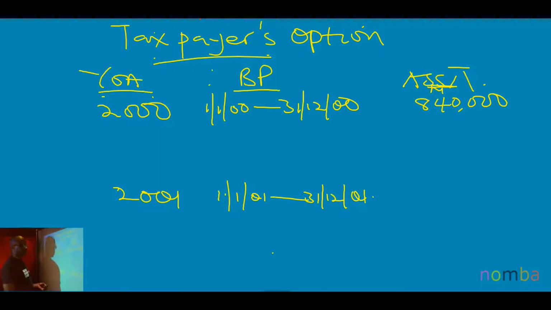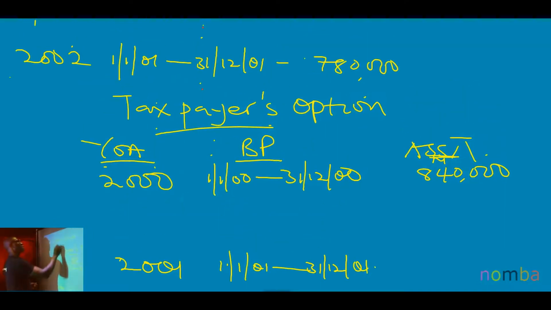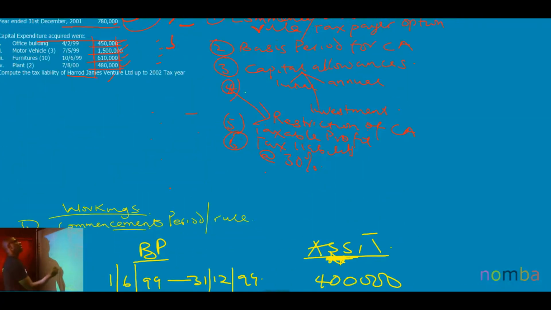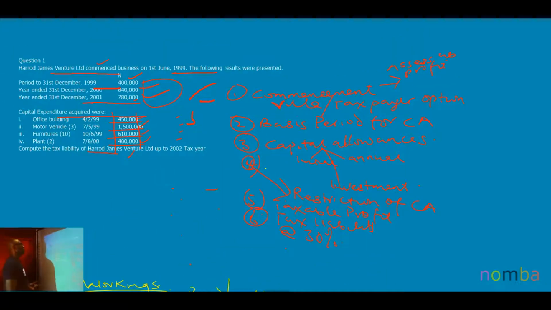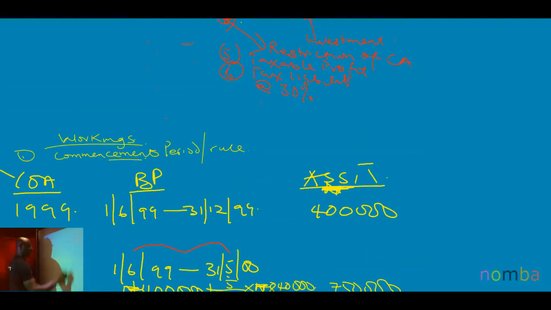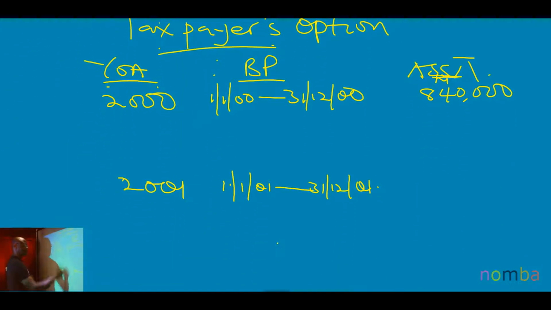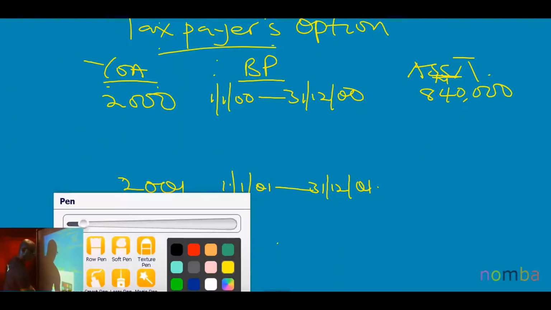Okay. Second year, 1st January 2001 to 31st December 2001. Where do I get it from? I'll go back there and see the year and period. You agree with me here now that for 31st December 2001, we have the figure of 780. So I'll go back and put in there 31st December 2001, 780.